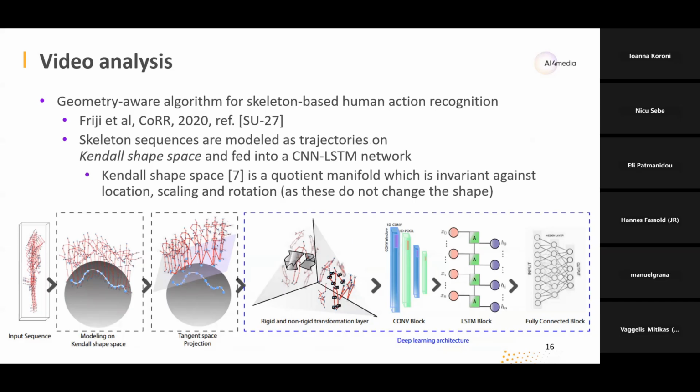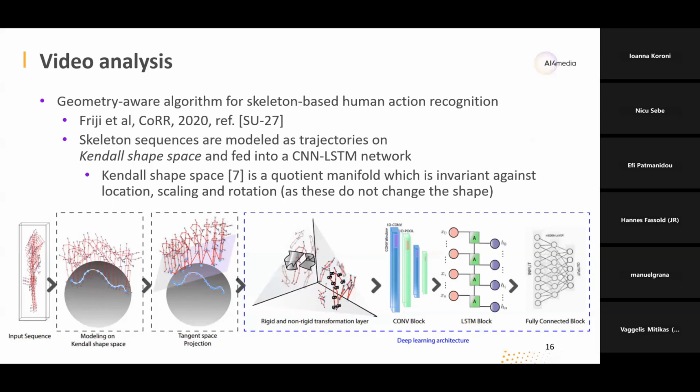So actually, that's something I'm now working on in a project, and when you check out the fast human action recognition algorithms, they are doing first the pose estimation, and then they are using a graph neural network. And this is one of those. It's a geometry-aware algorithm for this skeleton-based human action recognition.